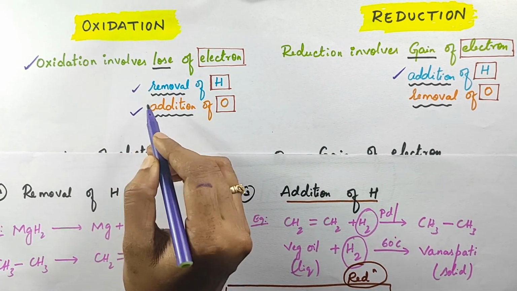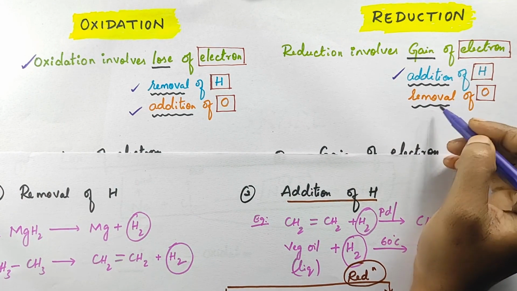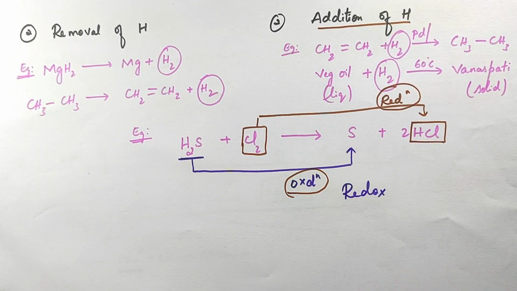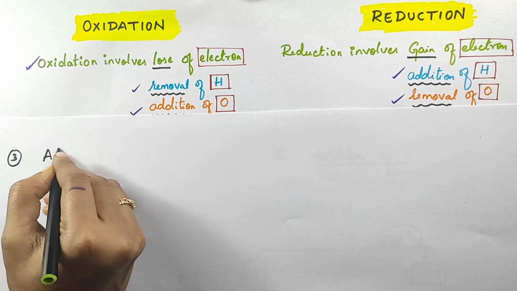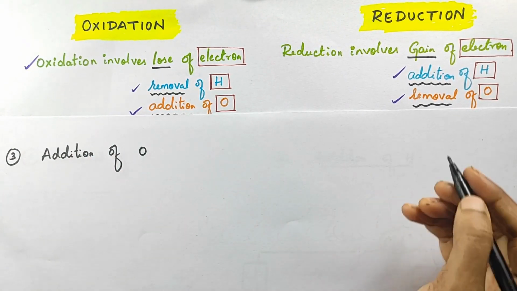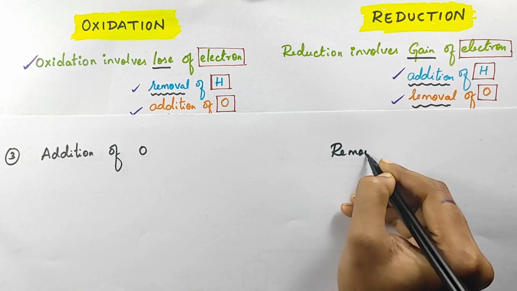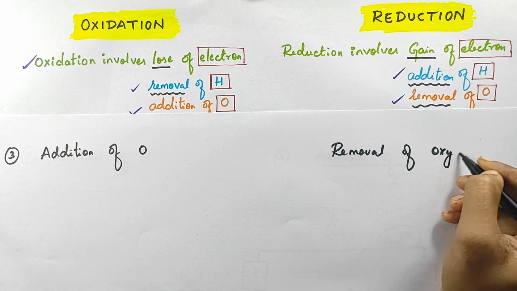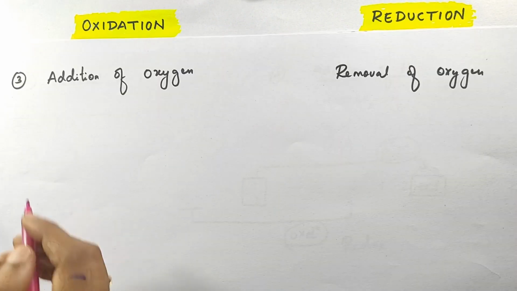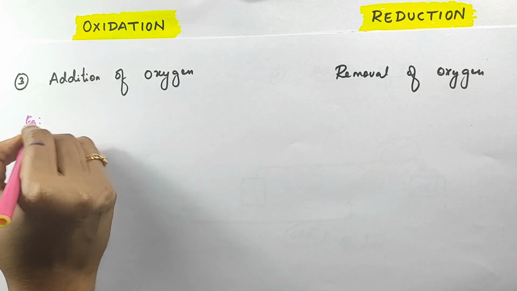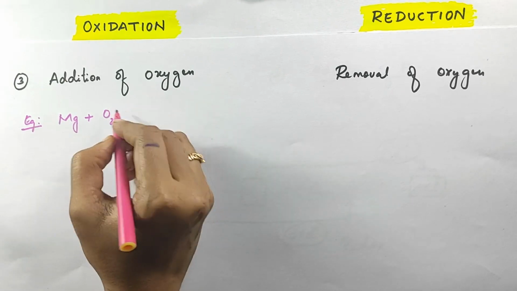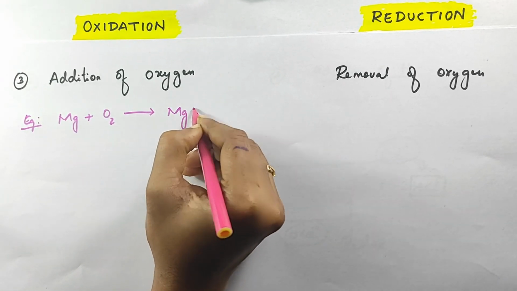Addition of oxygen means oxidation, and removal of oxygen means reduction. The example for addition of oxygen is magnesium combining with oxygen to form magnesium oxide.